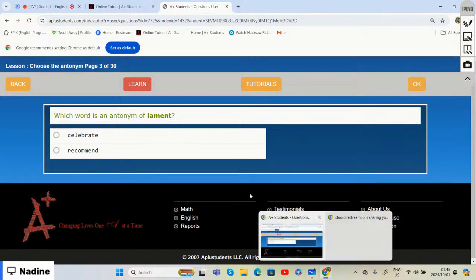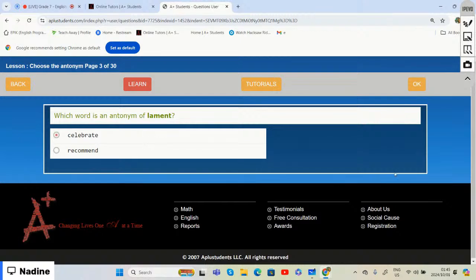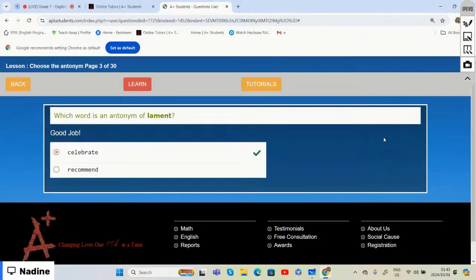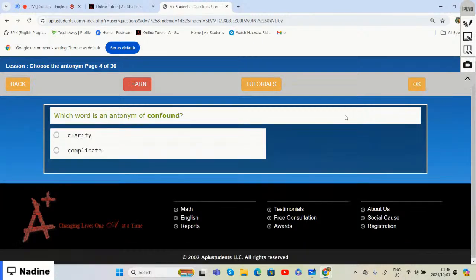And if we were to choose the correct option, we will say the opposite of lament is to celebrate. Yes, well done. Celebrate is correct.